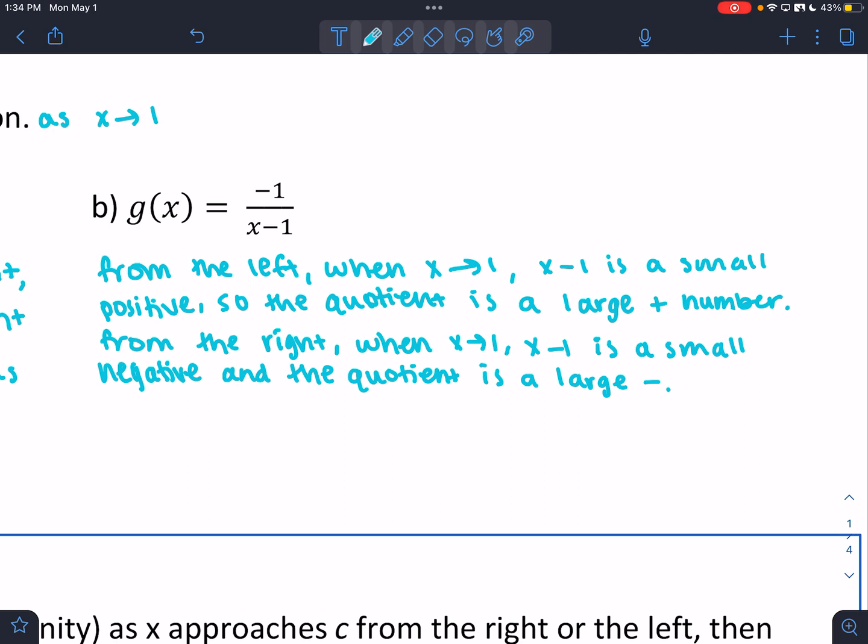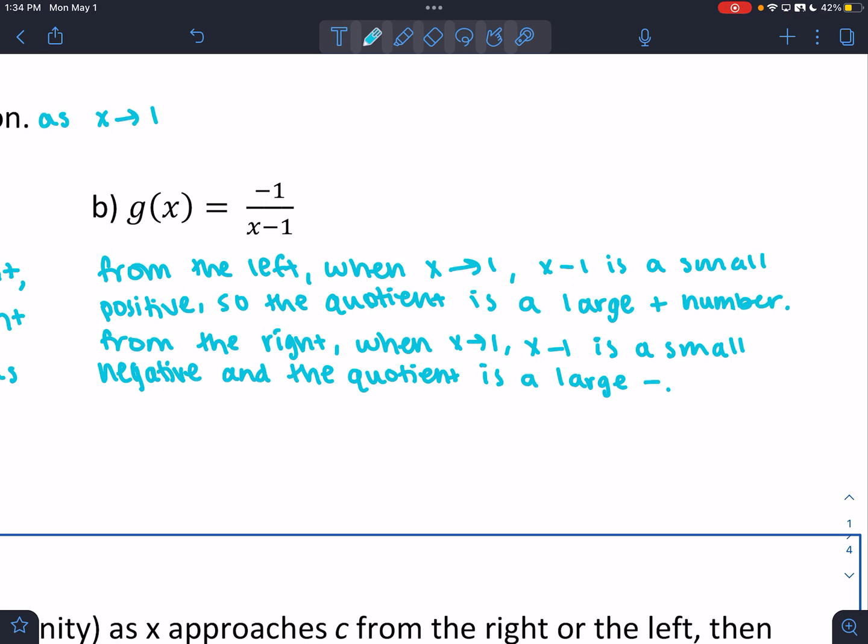From the right, when x approaches 1, x minus 1 is a small negative, and the quotient is a large negative. Wait, when you do 1.0001 minus 1, the bottom would be positive and the top is negative.